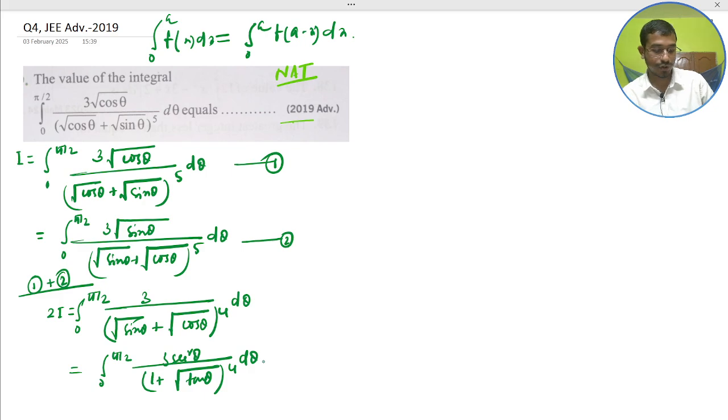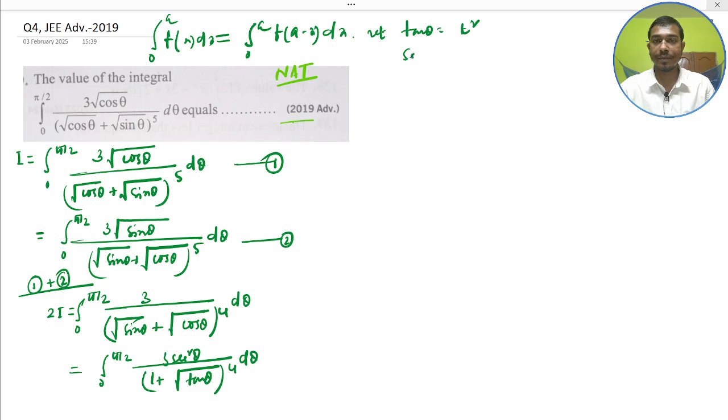Now let us substitute tan theta equal to t square. We all had discussed this form of the integration in the chapter summary class. So let tan theta equal to t square. Differentiating both sides, sec square theta d theta equals 2t dt.